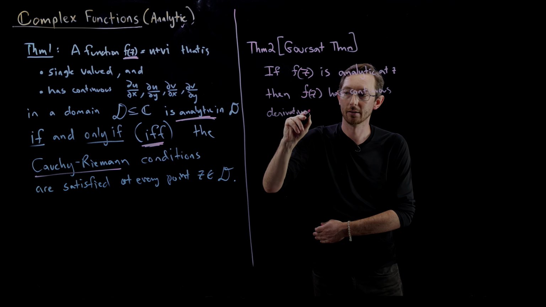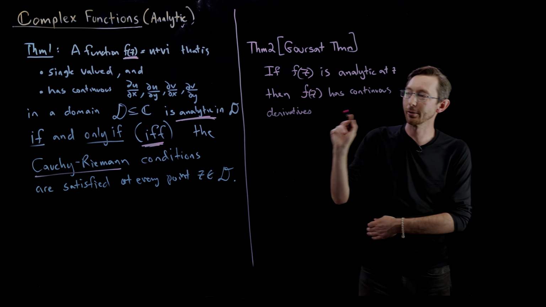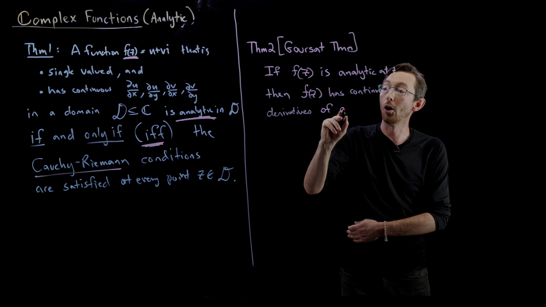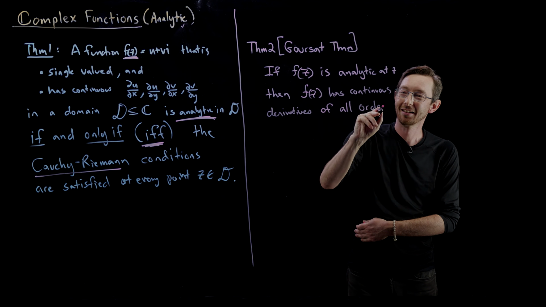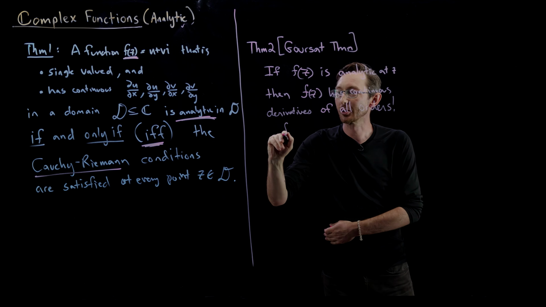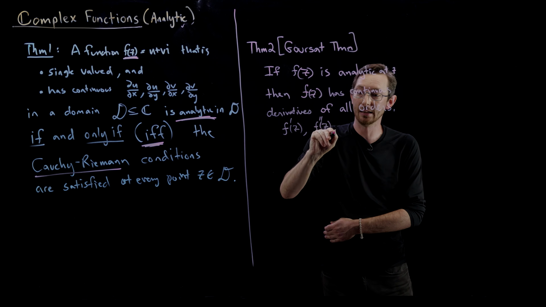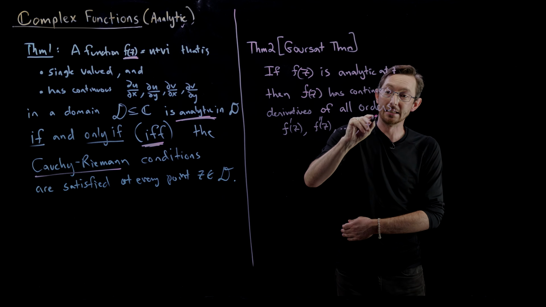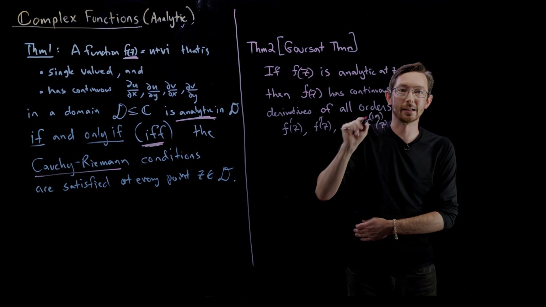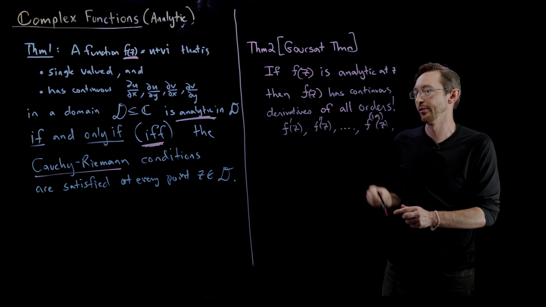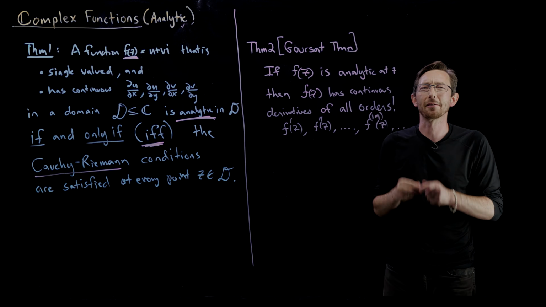This is going to be weird. Wait for it. It has continuous derivatives of all orders. Not just the first derivative of z, but the second derivative of z and the 19th derivative of z. If you like Stephen King, we're all about the 19th derivative. All of the derivatives. That's bonkers.